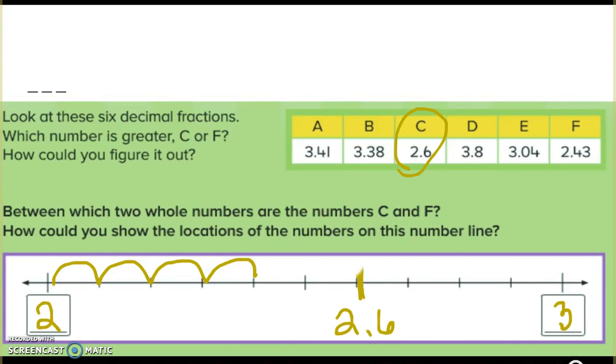So I kind of have to estimate where the 3 hundredths would be. I think that would be approximately there. So this would be 2 and 43 hundredths. By placing these two numbers on the number line, I am able to easily see that 2 and 43 hundredths is smaller than 2 and 6 tenths, as we had determined by looking at the place values.